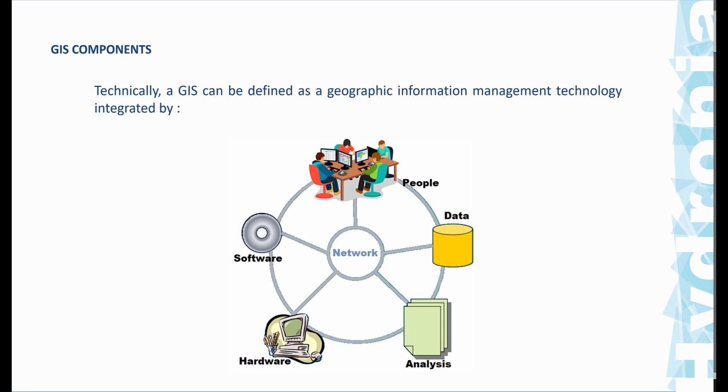GIS technology allows you to handle and analyze spatial information. It originated as a result of the need to assess information, to solve problems and answer questions in a rapid way. As depicted in the diagram, a geographic information system is not limited to software, which is only one of the components.